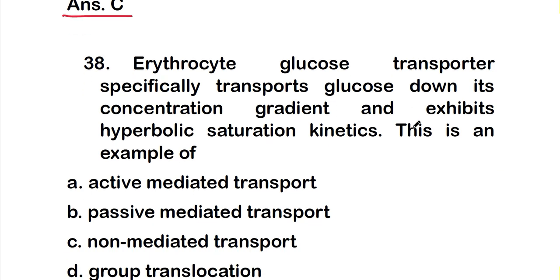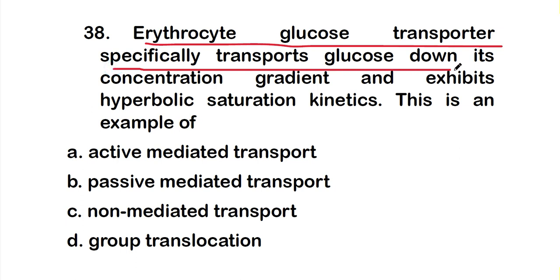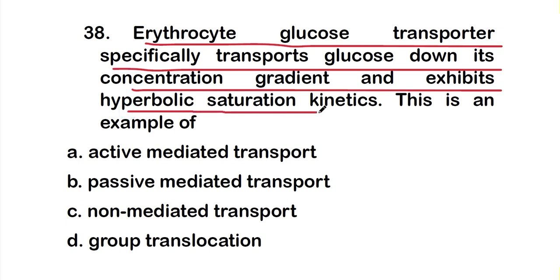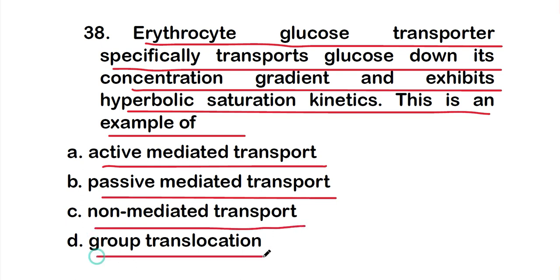So let's move on to question number 38, that is the erythrocyte glucose transporter specifically transports glucose down its concentration gradient and exhibits hyperbolic saturation kinetics. So this is an example of option A active mediated transport, option B passive mediated transport, option C non-mediated transport, or option D group translocation.